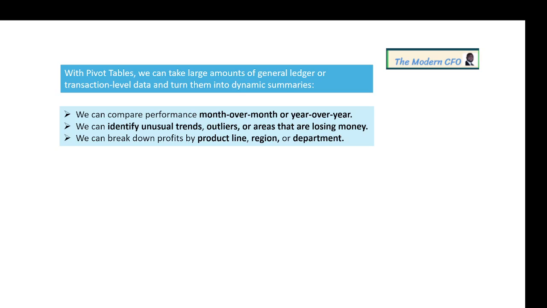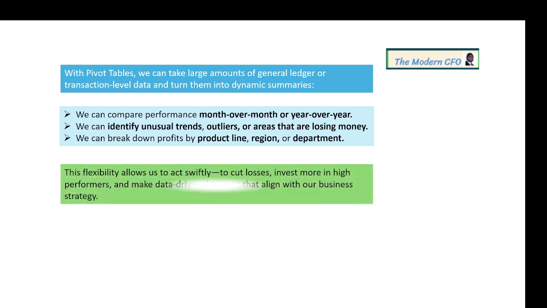We can also use a pivot table to break down profits into product lines, regions, and departments. With this visibility, we can act swiftly to cut losses, and also invest more in areas where our company is performing well, where our product is performing very well.